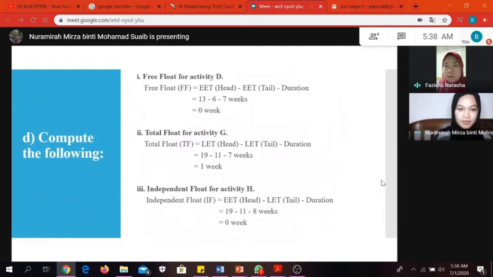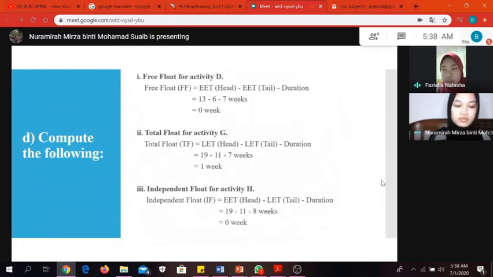Okay, so for question D, compute the following. First, free float for activity D, which is free float equal to EET minus EET and duration, and we get 0 week.